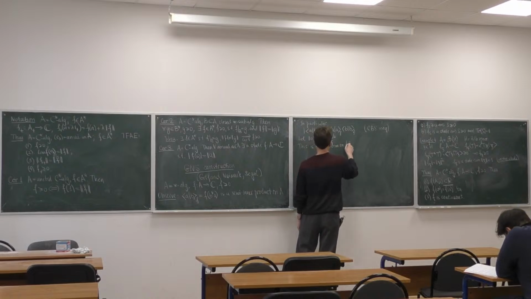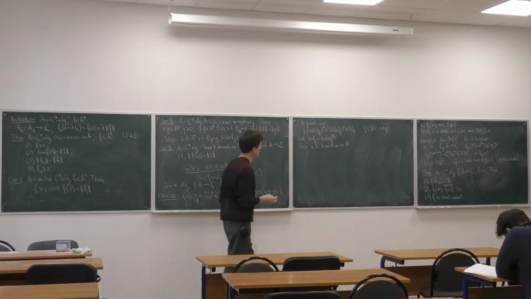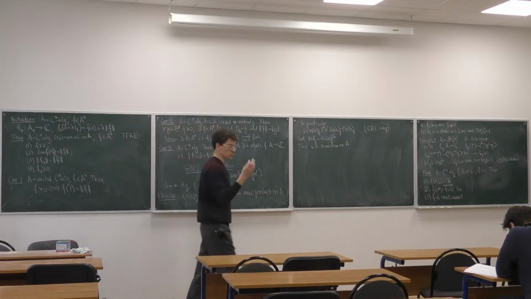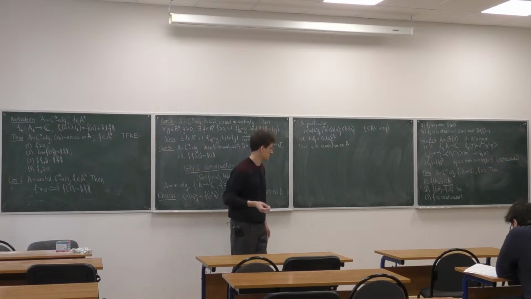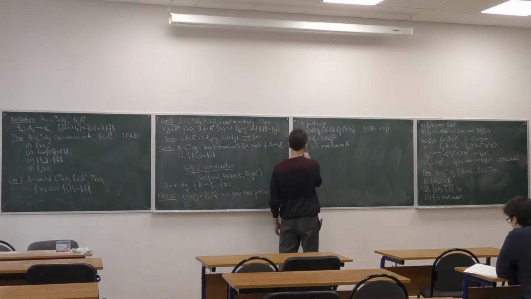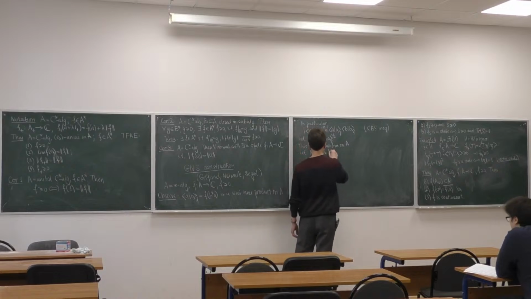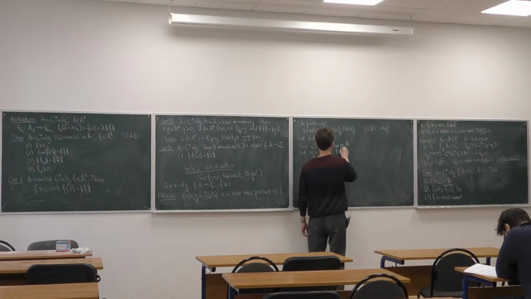On A. So to turn the semi-norm into a norm, we must quotient out the subspace where the semi-norm vanishes. So let's denote this subspace by N_f. This is the set of all elements in A for which this semi-norm vanishes.